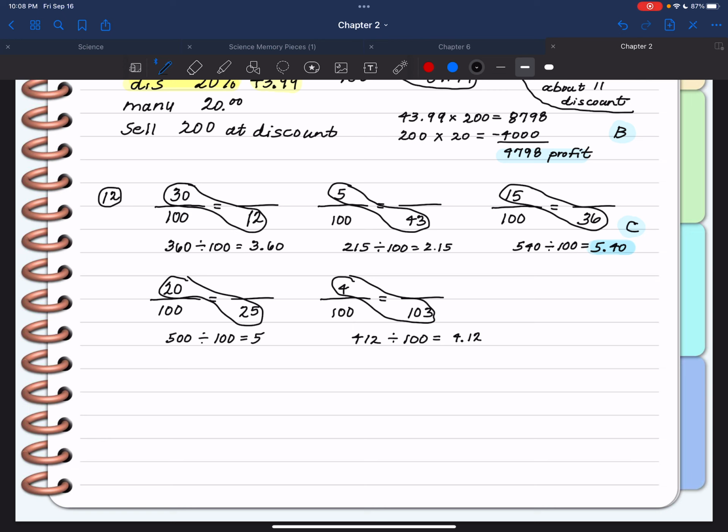Number 13. After a discount of 18%, the price of an item was $65. To find the original amount, Ted calculated 65 plus 18% of 65 equals $76.70. Which statement is true?